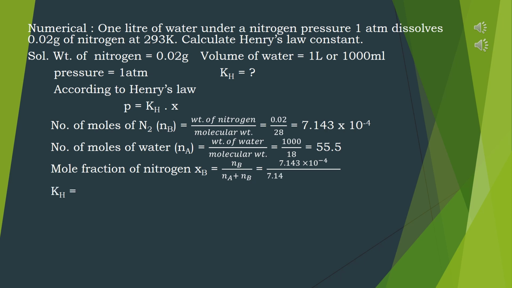So Kh is equal to pressure upon mole fraction of nitrogen, which is equal to 1 atmosphere divided by 1.29 into 10 raised to the minus 5, that is the mole fraction of nitrogen. That comes out to be 7.75 into 10 raised to the 4 atmosphere.